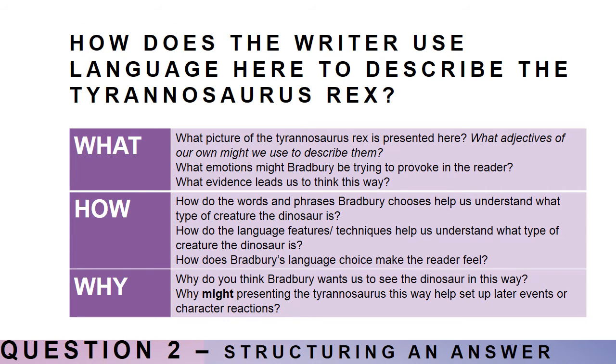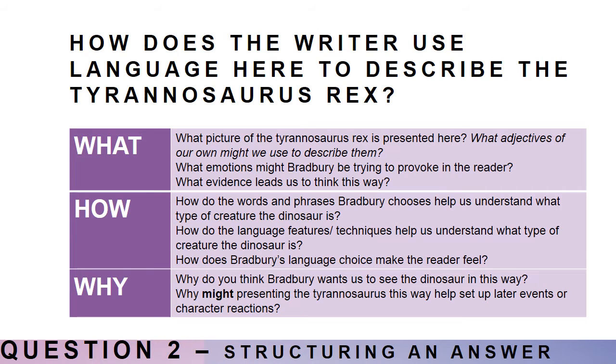We can break our paragraph down into 3 components: what the writer is doing, how the writer is doing that, and why it is necessary for the writer to do these things. And if we're considering these 3 elements, then we know that we are focusing on the 3 things that we spoke about earlier in terms of what an examiner is looking for.